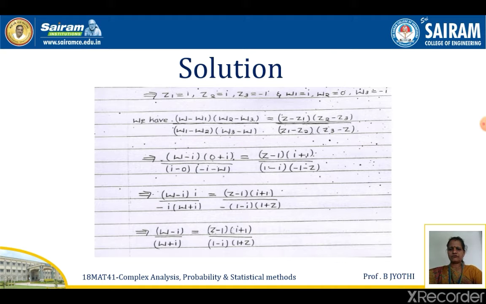So here it is, Z1 is 1, Z2 is i, Z3 is minus i, and W1 is i, W2 is 0, W3 is minus i.